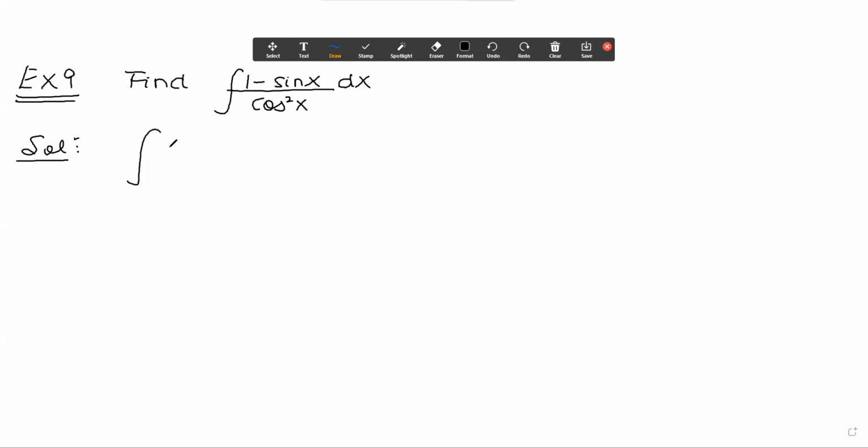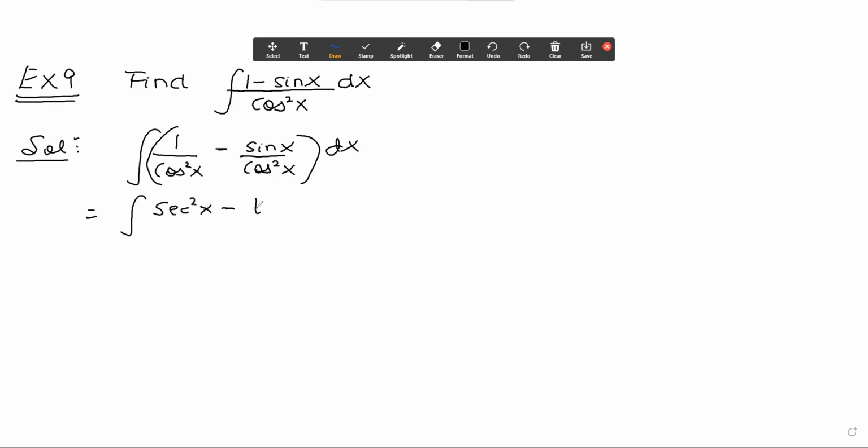So this I can write as 1 upon cos square x minus sin x upon cos square x. I can separate it. 1 upon cos square x is sec square x.